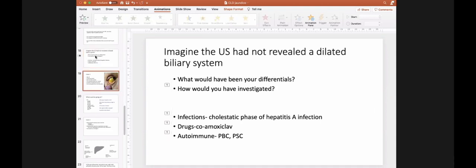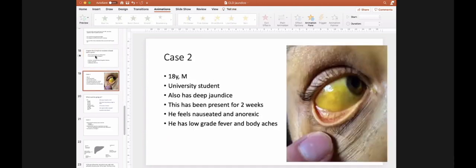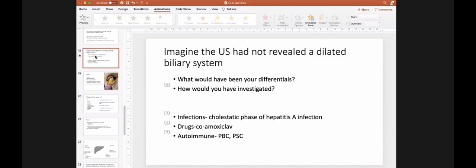Now, the reason I did that case is to explain to you that cholestatic jaundice can be due to intrahepatic or extrahepatic causes. And the way to differentiate that is from an ultrasound scan. The reason it's important is because your differential diagnosis will vary. If it's extrahepatic, it's more of a surgical problem.